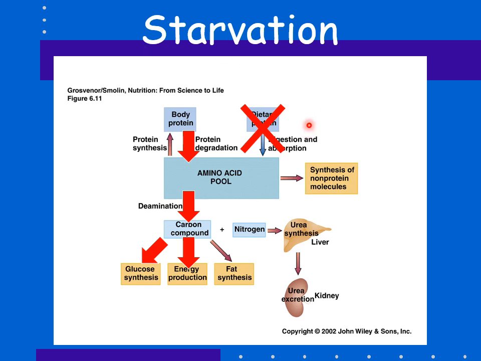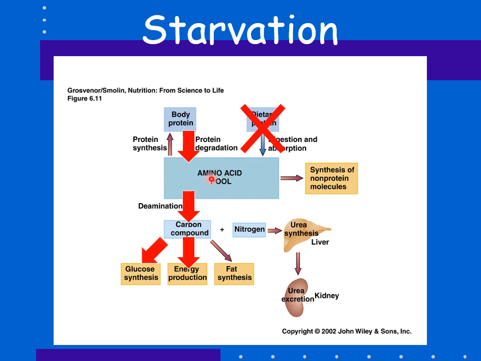So of course, in this case, there is no dietary protein intake, adding to the amino acid pool. Now, when you're starving, you'll be deaminating amino acids so that you can release their carbon backbone to make glucose, produce energy. Hence, these have all got big fat red arrows.